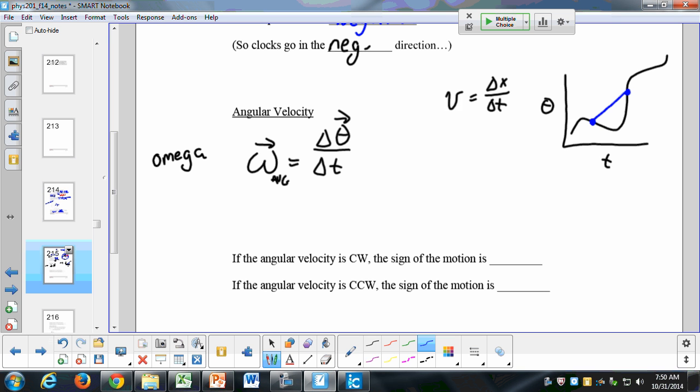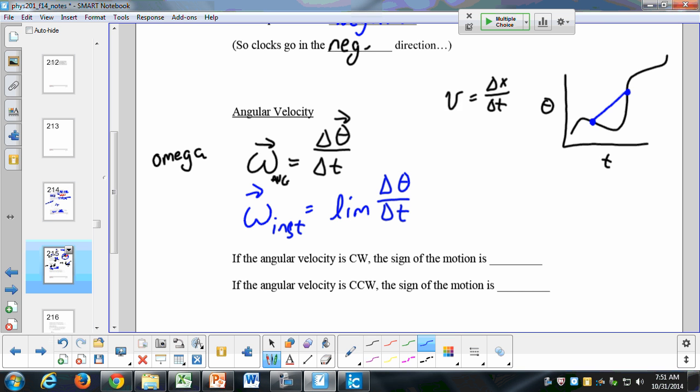But we can find an instantaneous velocity, and it's going to be the limit of our average angular velocity, which is delta theta over delta t. And we're going to let this delta t, this time interval, shrink down to just a particular instant in time.